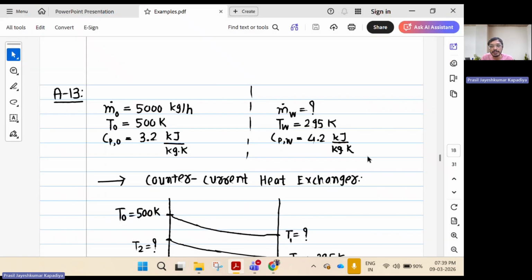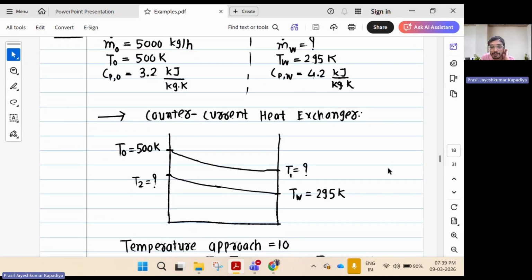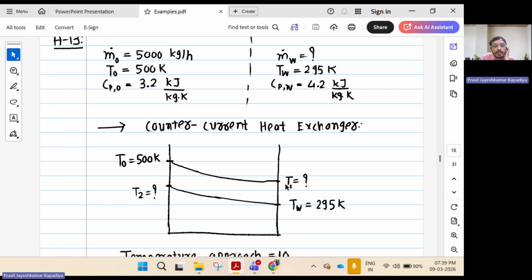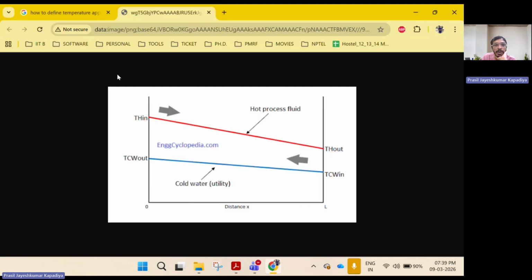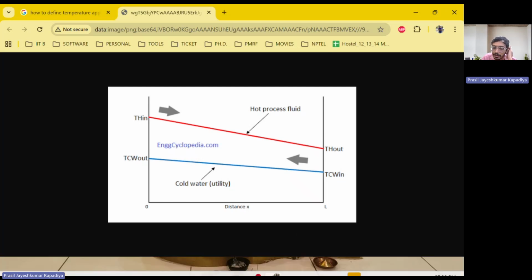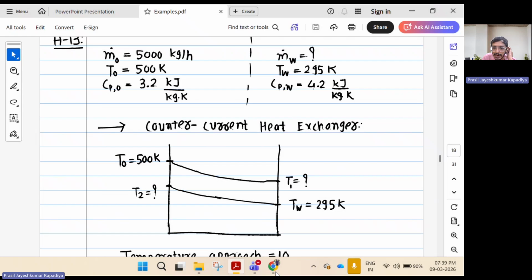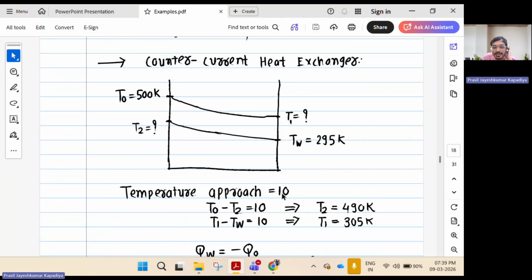So my cold fluid is entering at a temperature of 295 Kelvin, and it is going out at some temperature. So based on this, what was my approach? My approach is TH out minus TC in, and the approach is given to us as 10. So this 10 is equal to TH out minus TC in.